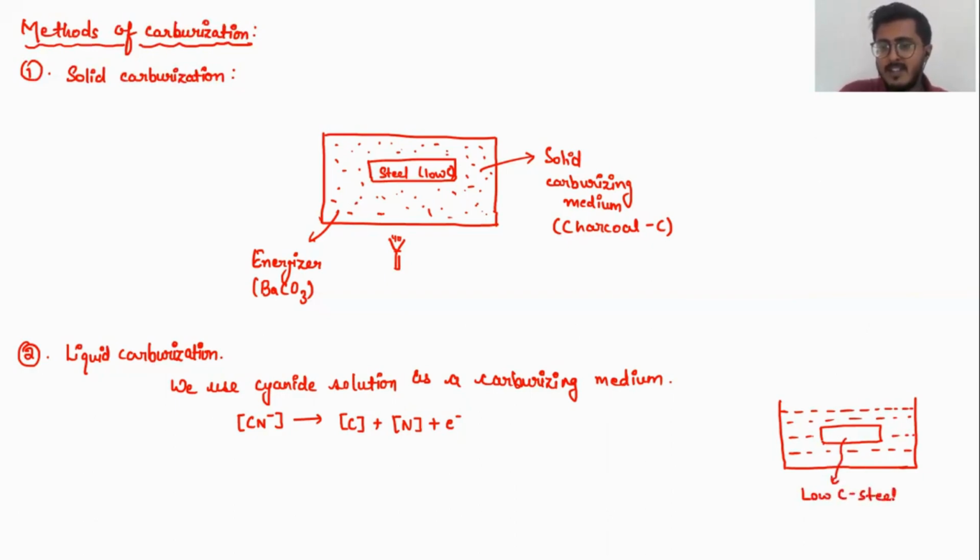So carburization is to be carried out, and this is my cyanide solution. Okay, so in this case, the nascent carbon and the nascent nitrogen both are going to be absorbed over the surface of my steel. Now, what do you mean by absorption? Please remember, not adsorption, but absorption takes place in this case. Absorption occurs at the surface.